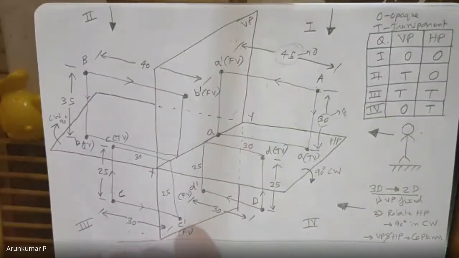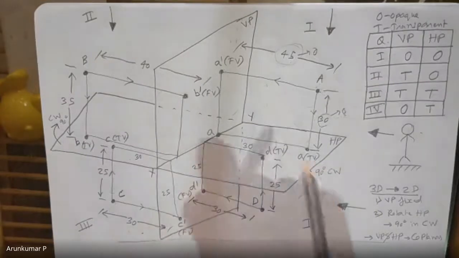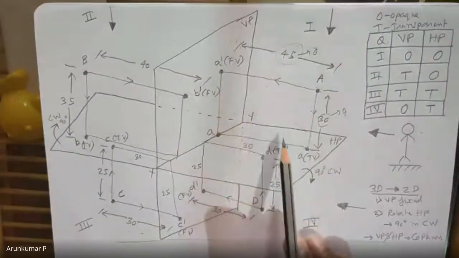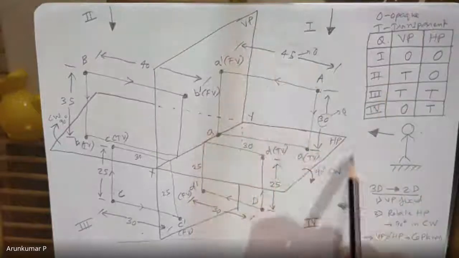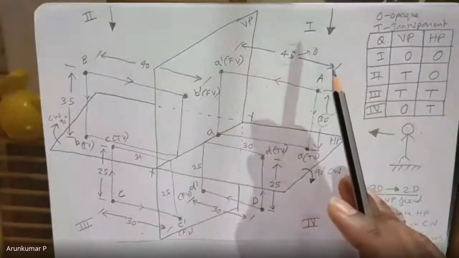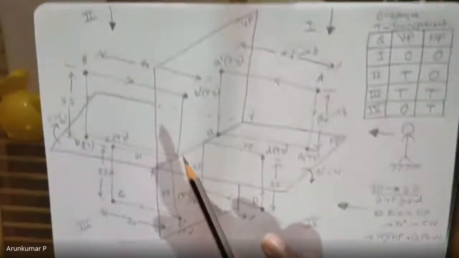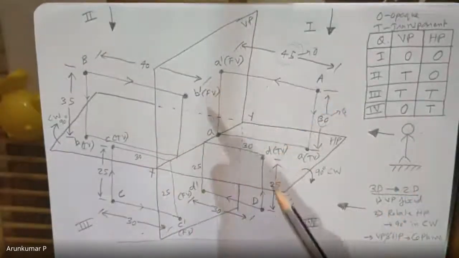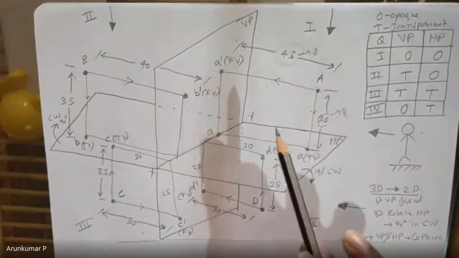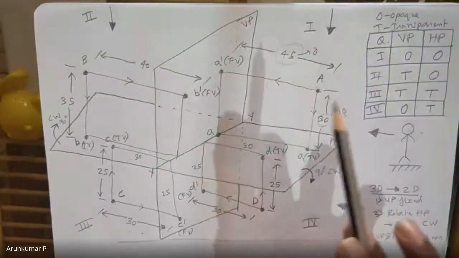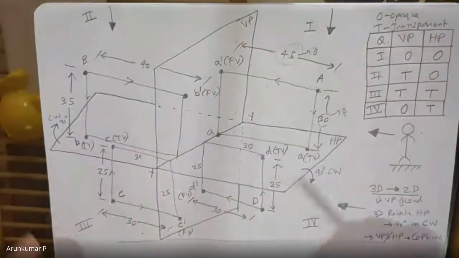But for complex objects, which most of the objects are, you require another view, which is the side view. So what we'll do is to VP and HP, we will introduce the side plane, say a plane on the right side or a plane on the left side, and then try to get a view of the point or of the object on that particular plane.